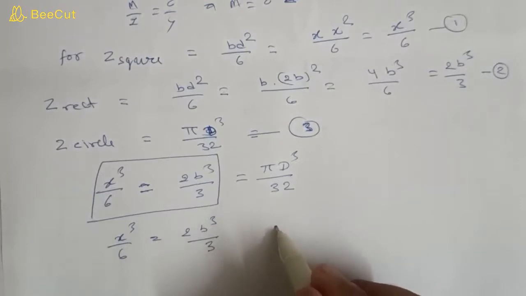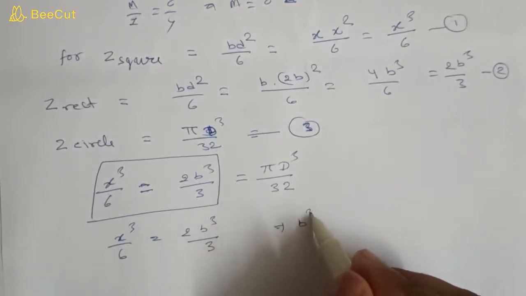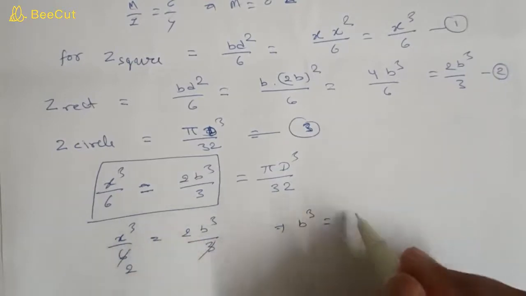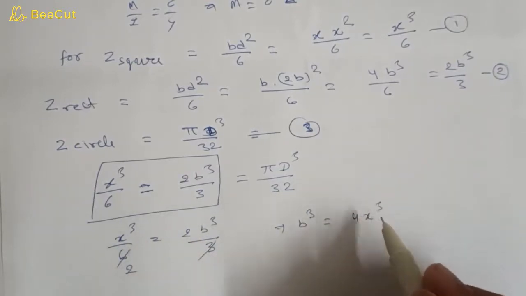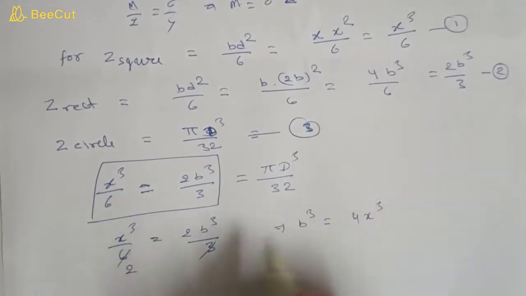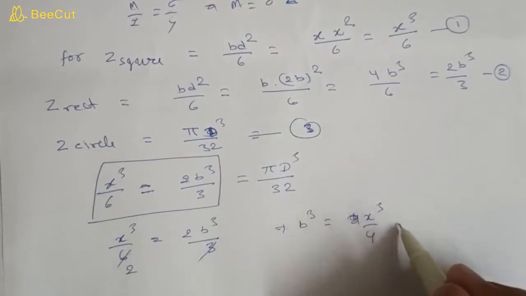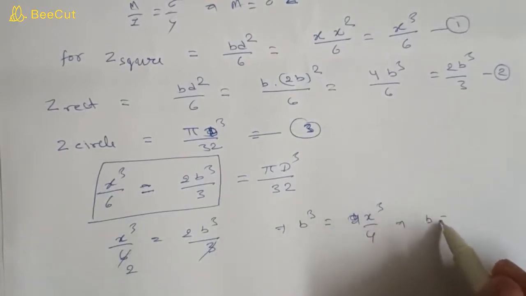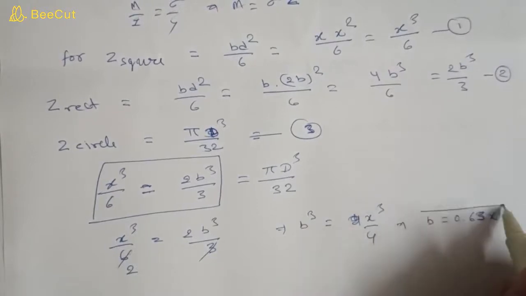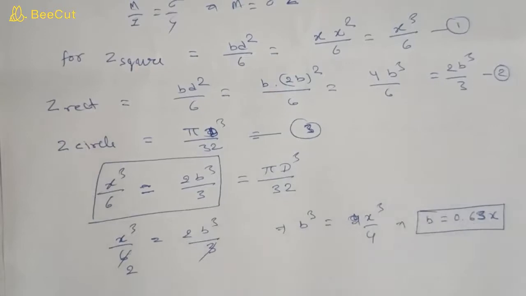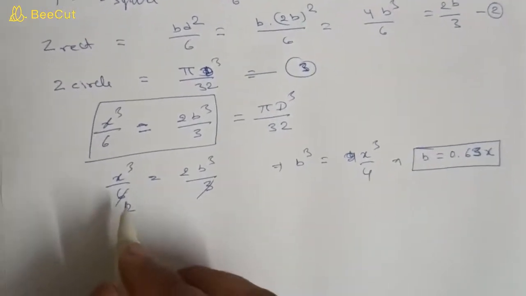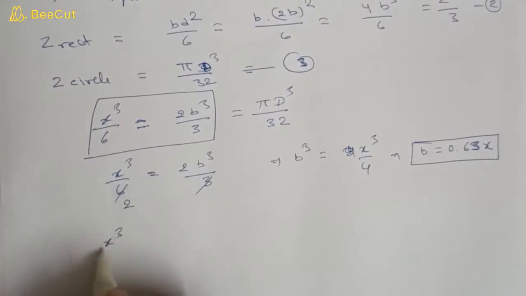So b cube you will get, this 3 will cancel 6, so b cube will be x cube by 4. So b will be 0.63x. You can calculate this.